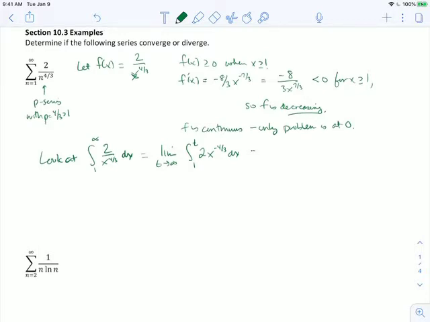When we antidifferentiate, my new power is going to be negative 1/3. 2 over negative 1/3, I believe, is negative 6.